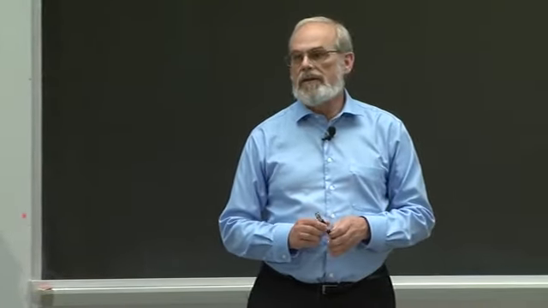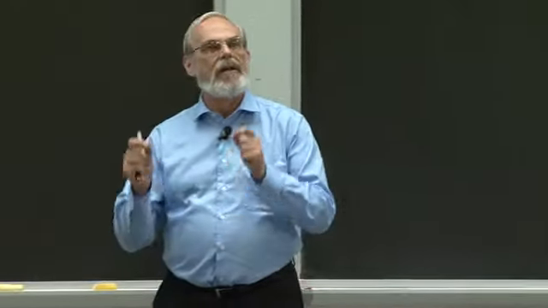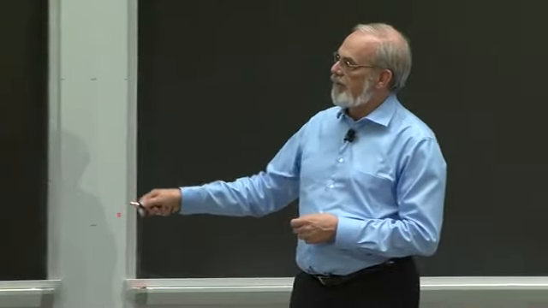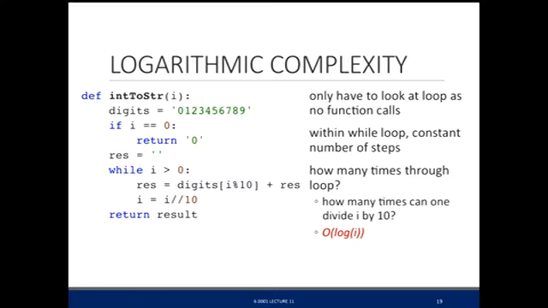And that's log of i, right? So it's not i itself, it's not the size of the integer, it's the number of digits in the integer. And here's another nice example of log. I'll point you again right here. I'm reducing the size of the problem by a constant factor, in this case by 10 each time. Nice characteristic of a logarithmic algorithm.